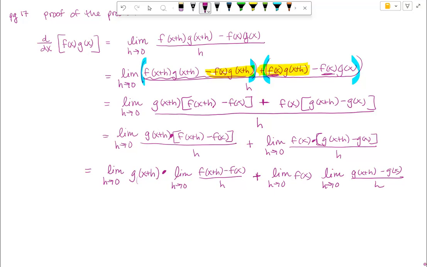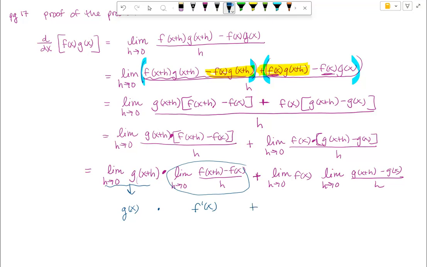So now if I go ahead and evaluate this for h approaching 0, well, for this first piece, the limit as h goes to 0 of g of x plus h, that just yields g of x. The second piece, when I plug in my 0 here, this is literally the definition of the derivative of f of x. So that limit yields f prime of x.